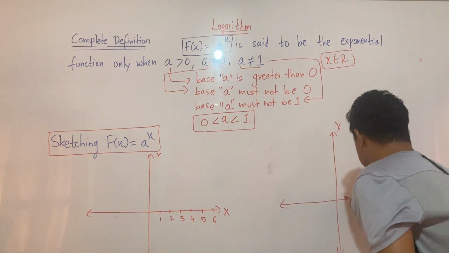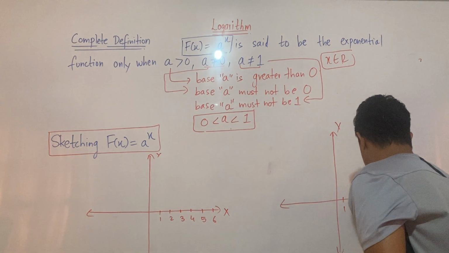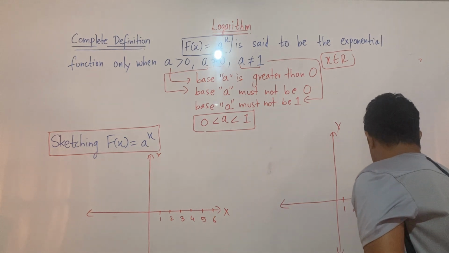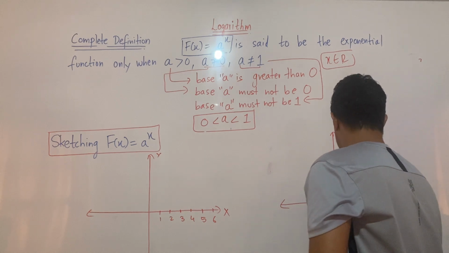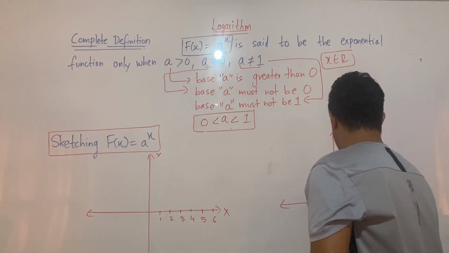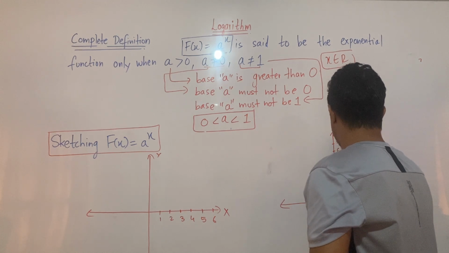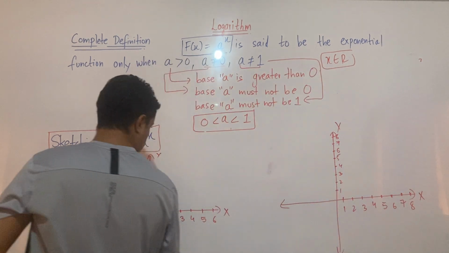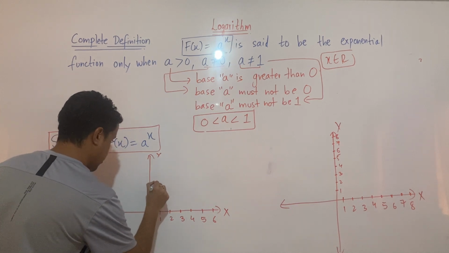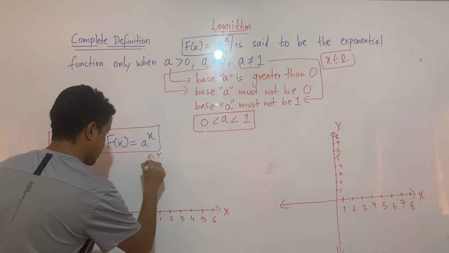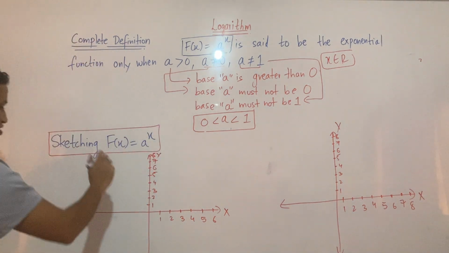Okay, so here I have positive 1 2 3 4 5 6 7, here 8, up to plus infinity.